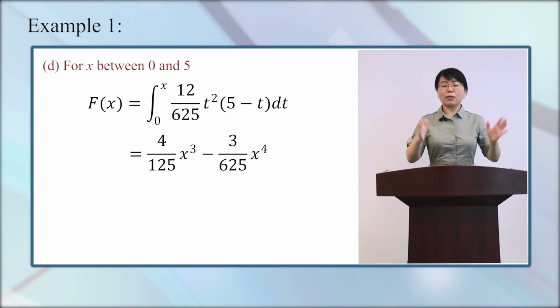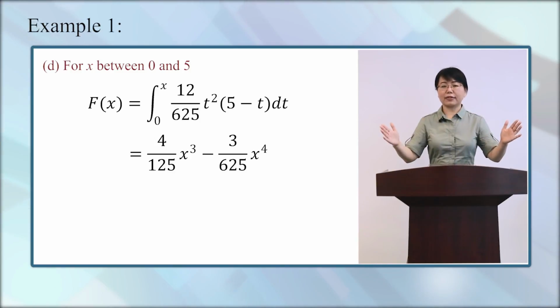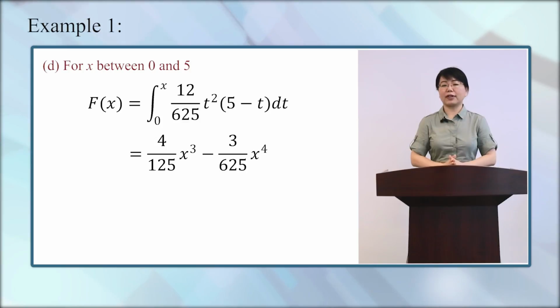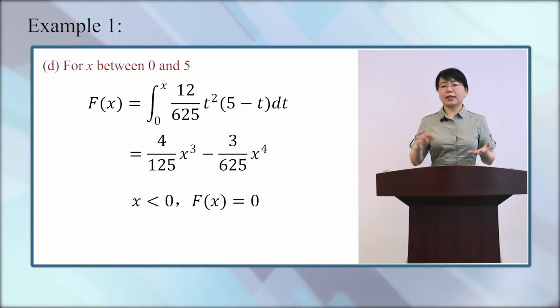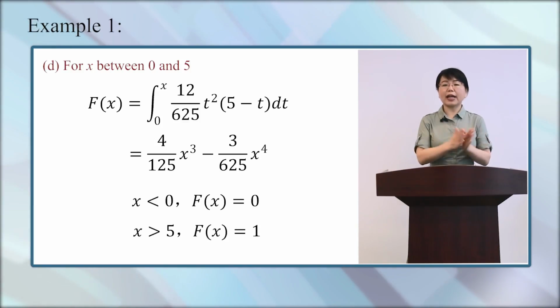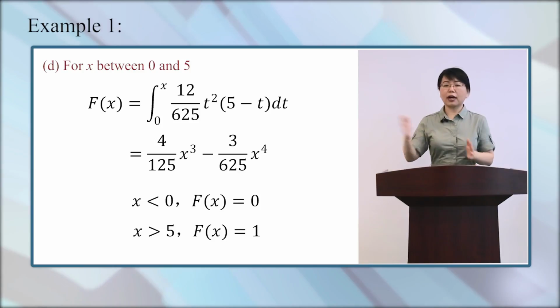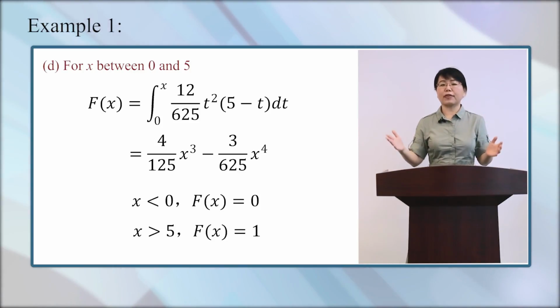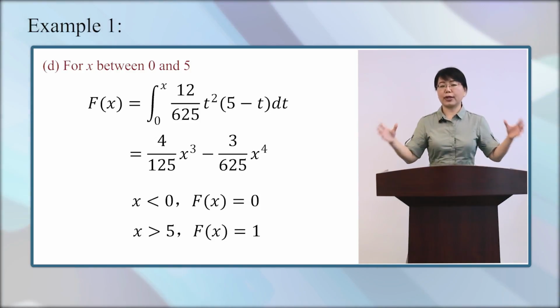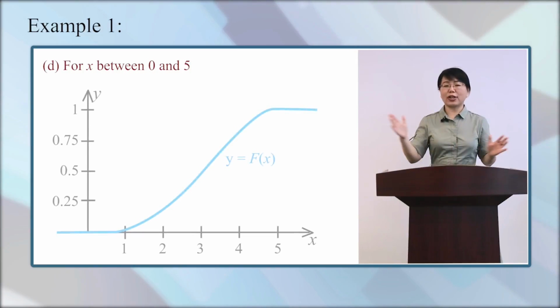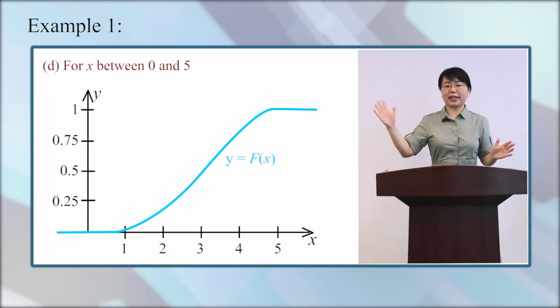When x is between 0 and 5, it is this accumulation function. When x is less than 0, this function is 0. And when x is greater than 5, we will find that this function is equal to 1, because the probability for the whole interval is 1. So we can draw the graph of the function like this.